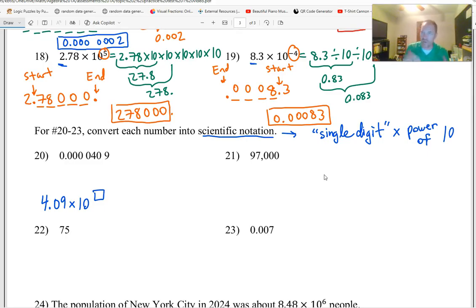So can I figure out how many places, if the decimal point is starting here, but I want it to end in between this 4 and the 0, how many digits is it moving? Well, if we count here, we'd have 1, 2, 3, 4, 5. We'd have 5 digits that we're moving. So that means the exponent is either a 5 or a -5. So that's the next thing to figure out.